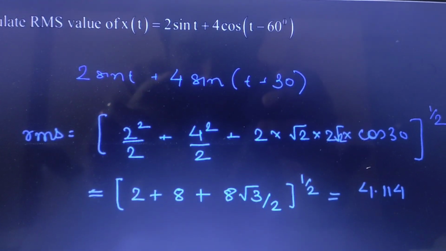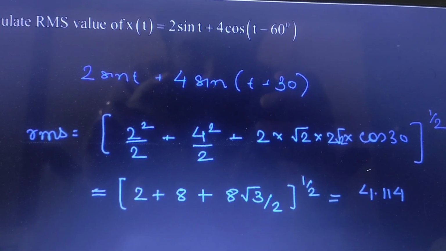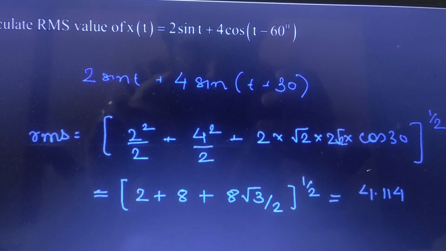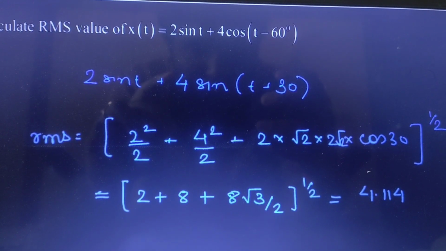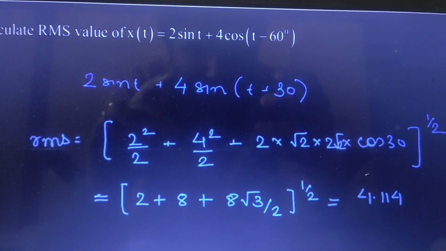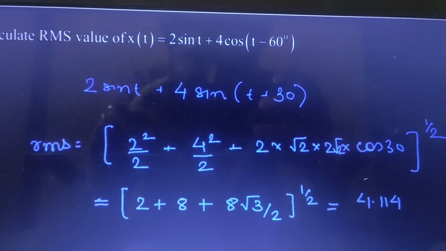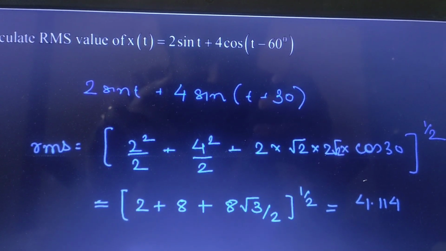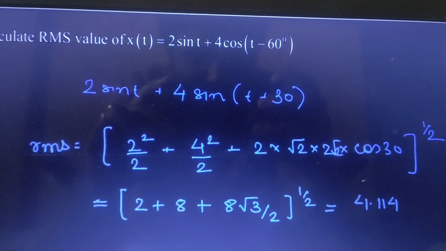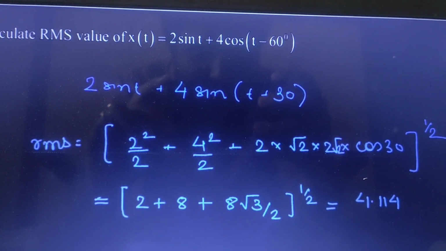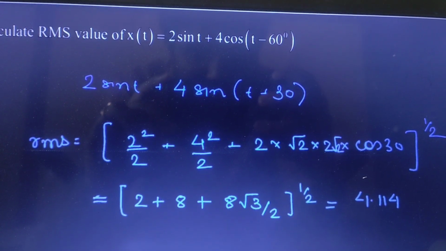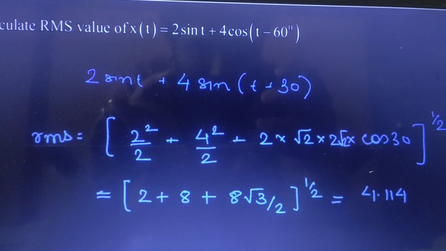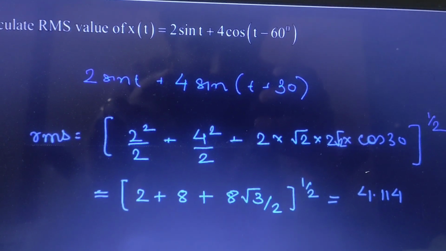Instead of doing it like this, you can directly find the RMS value as under root of 2 by root 2 whole square plus 4 by root 2 whole square plus 2 times the RMS value of the first one and the RMS value of the second one into cos 30.